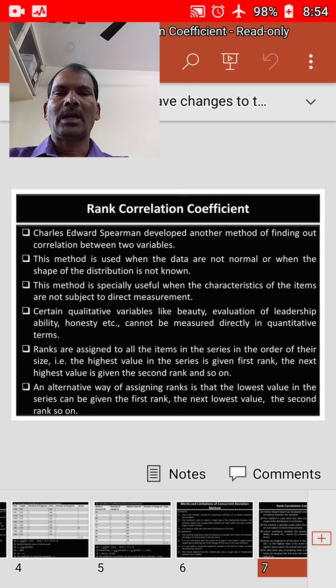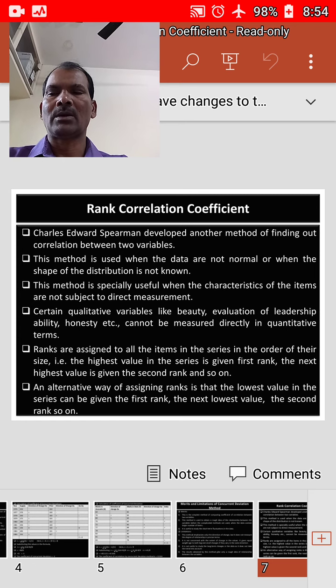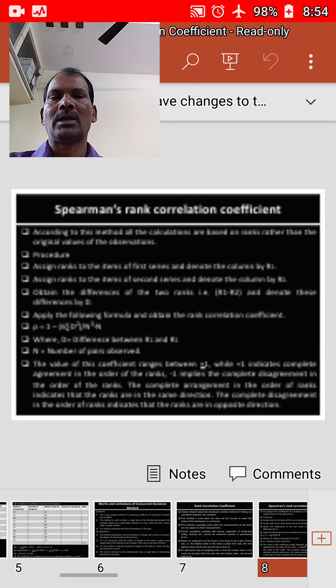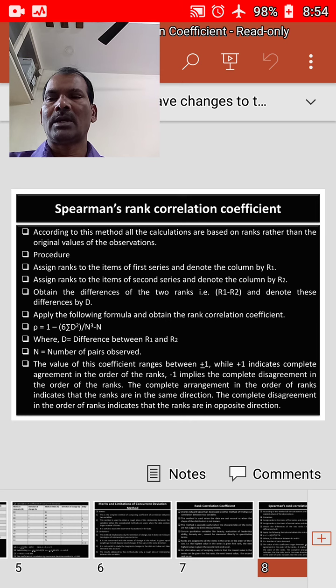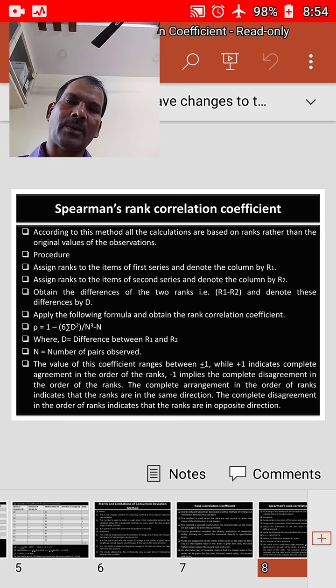Spearman's rank correlation coefficient is denoted by rho, R-H-O, and computed with the help of a procedure.